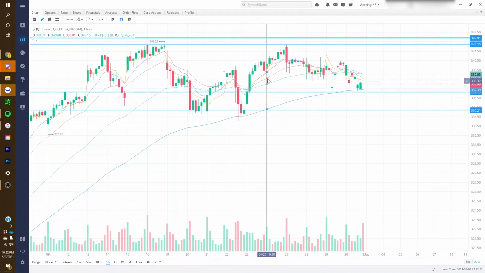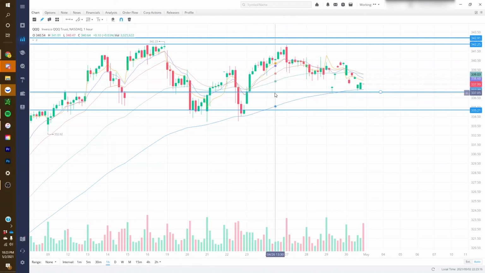That's good support right here, because when the stock is below a resistance, then once it breaks above, it becomes support. So right here, it broke through this resistance. It came back, tested the support, and then kept going.